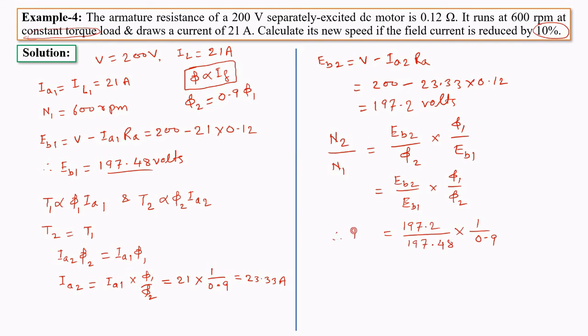Therefore, the speed of the rotor in the second case will be into N1, and N1, the speed in the initial condition, is 600 RPM. So after solving all these values, we will get N2 as 665.7 RPM. So this will be the final speed of the motor when the flux, or the field current, is reduced by 10%.